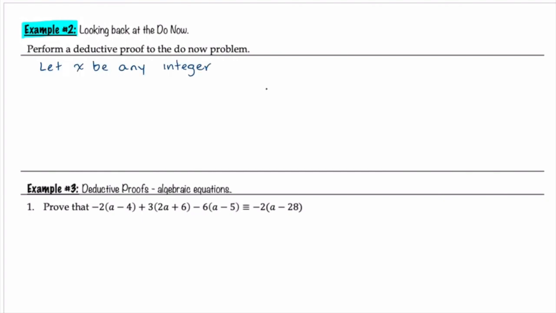The first thing that we did was we started off with a value of x. Then I told you to take your number and multiply by 2. So we're going to do 2 times our x. After that, I said add 6. So I'm going to take my 2x and add 6.